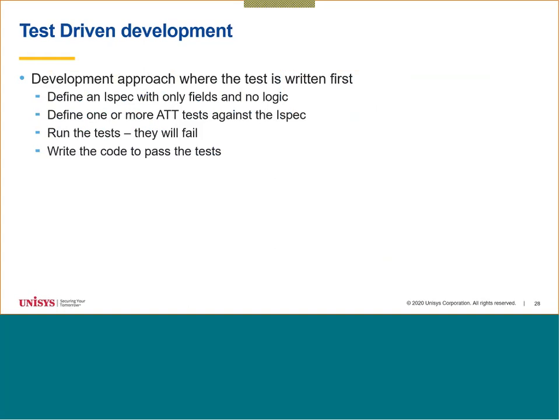The idea being is you only write the code to pass the tests. You don't write anything else. It's a different way of development. I have used it. It's quite a mind shift to go down this approach. But if it's something that your team is keen to move towards, it's certainly possible to do.